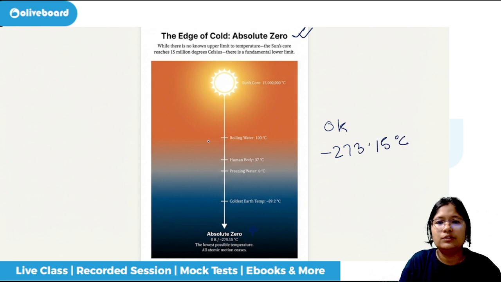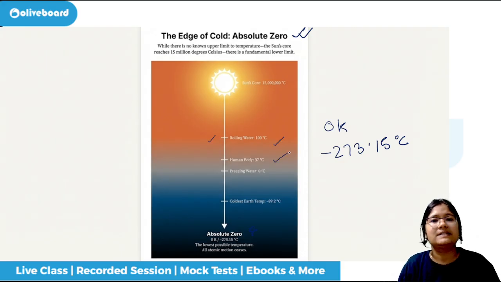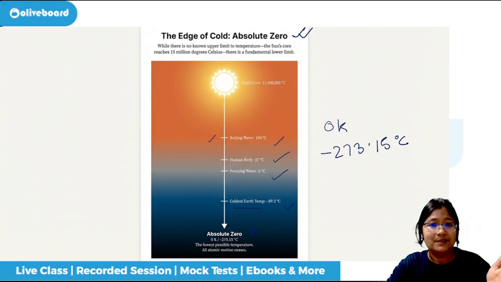Boiling water is 100 degrees Celsius, the human body is 37 degrees Celsius, and ice is 0 degrees Celsius. The coldest Earth temperature is minus 89.2 degrees Celsius. And the lowest possible temperature is 0 Kelvin, the point where all atomic motion ceases.